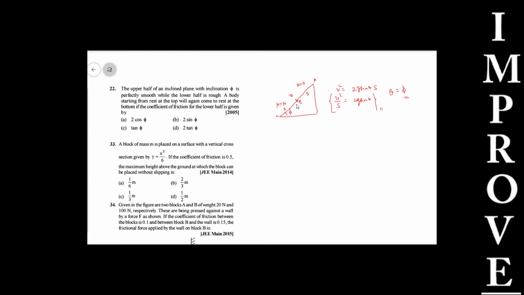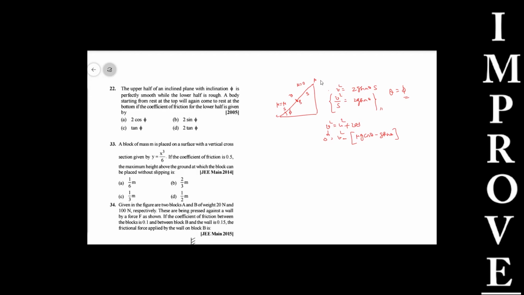Again from B to C, I know at this point velocity is 0, so again v square is equal to u square plus 2as. This v is 0 and this u square is the earlier v square. Actually this body is slowing down, so the acceleration is upward, and that acceleration you're going to write as a negative value, so the acceleration is minus, and this is going to be nu g cos theta minus g sin theta, because you're going to talk about the maximum frictional force.